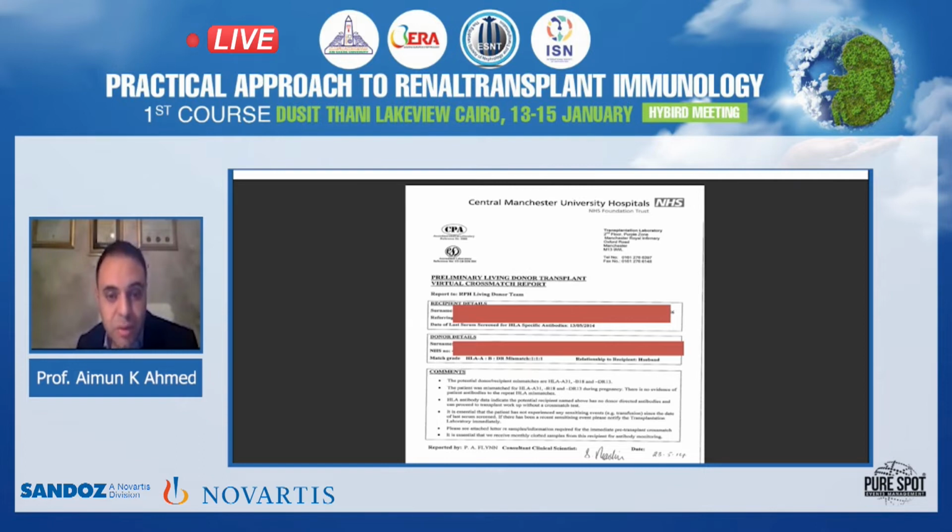The HLA antibody data indicate the potential recipient named above has no donor-directed antibodies and can proceed to transplant workup without a cross-match test. So it's a virtual cross-match based on the antibodies, identifying that there are no donor-directed antibodies. So we can see how helpful the virtual cross-match is.